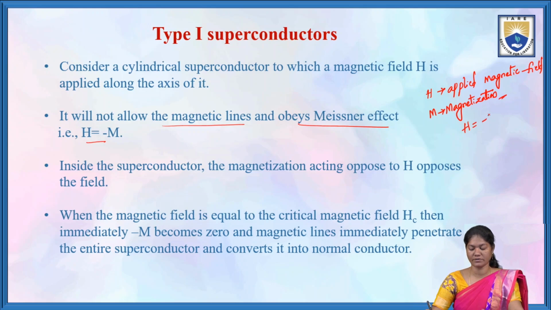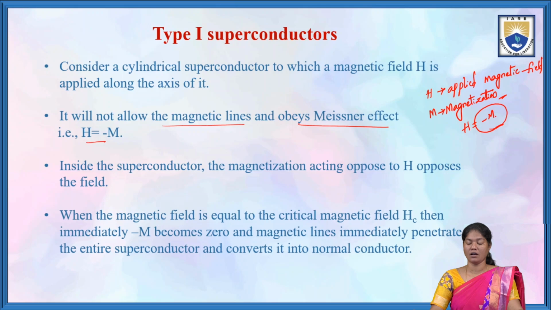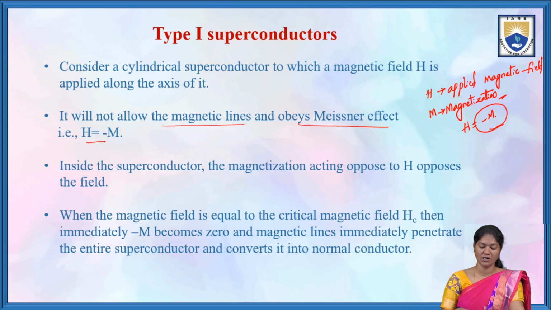H equals minus M means that the magnetization is working oppositely to the applied magnetic field. So inside the superconductor, the magnetization acts in the opposite direction to the field.